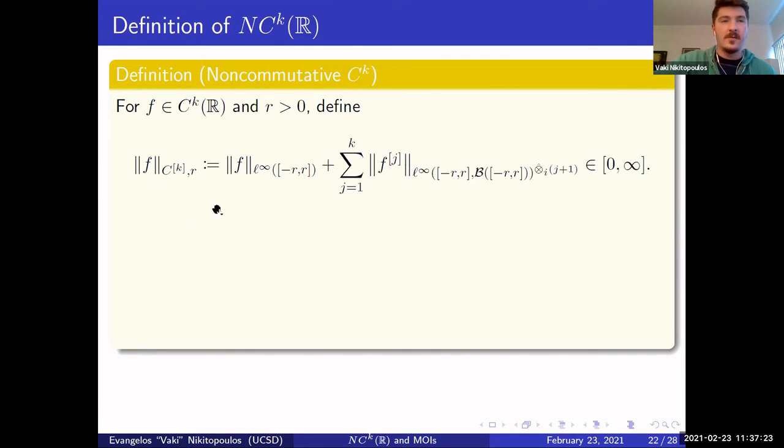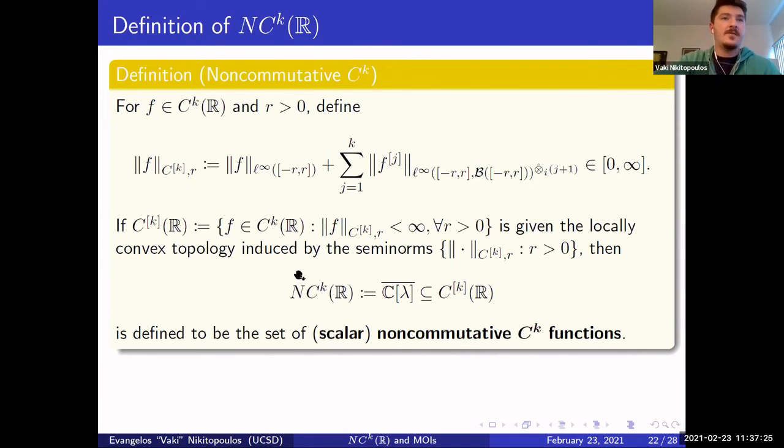So that's for an arbitrary C^k function. And now I'm going to define C bracket k to be the set of C^k functions for which this semi-norm is actually finite for every r greater than 0. And this, by usual arguments, has a locally convex topology induced by the semi-norms above.